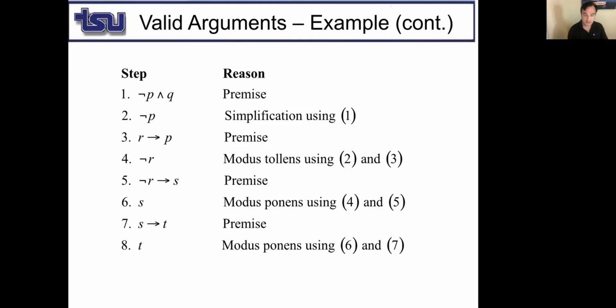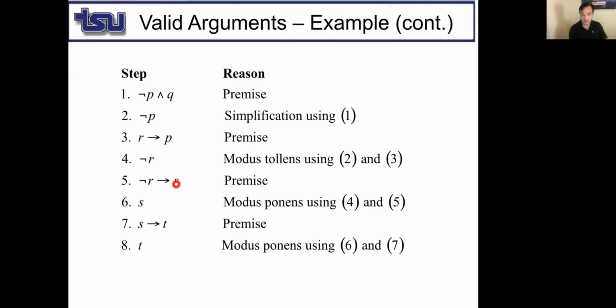Modus tollens was saying that if X not, and if Y implies X, then it must be Y not, okay? If X not and if Y implies X, then Y not must be true. That's modus tollens. So here we start with the premise, simplification, this must be true. This first premise, you see P not is true, R implies P is true, therefore R not must be true by modus tollens, using these two.